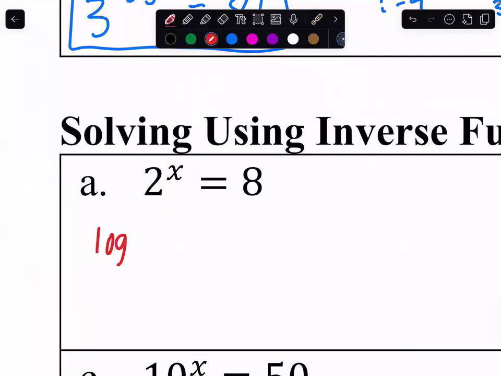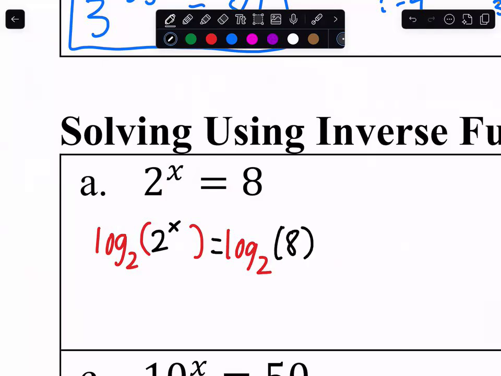So log base 2 of the left side. And then we're also going to do log base 2 of the right side. You're allowed to do anything to both sides of the equation, as long as you do it to both sides of the equation.